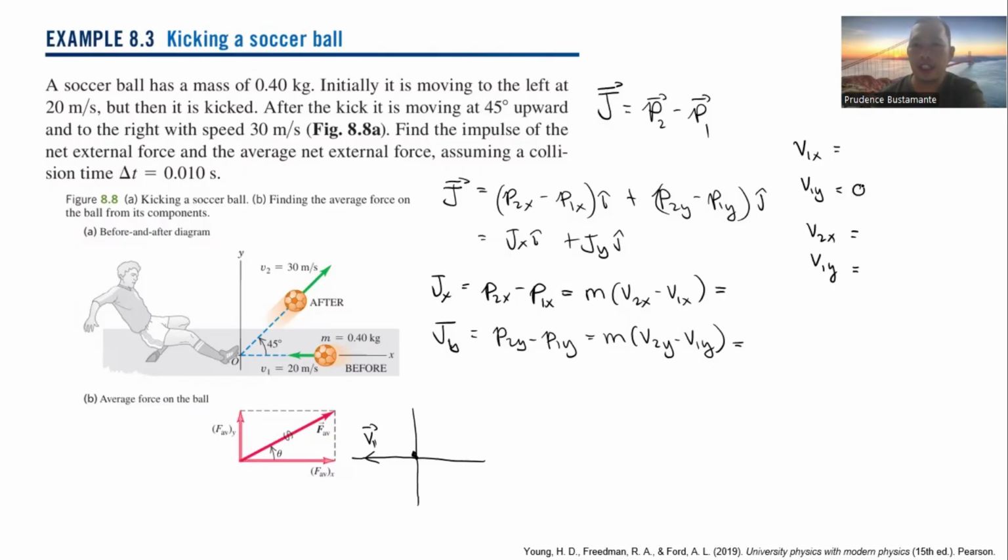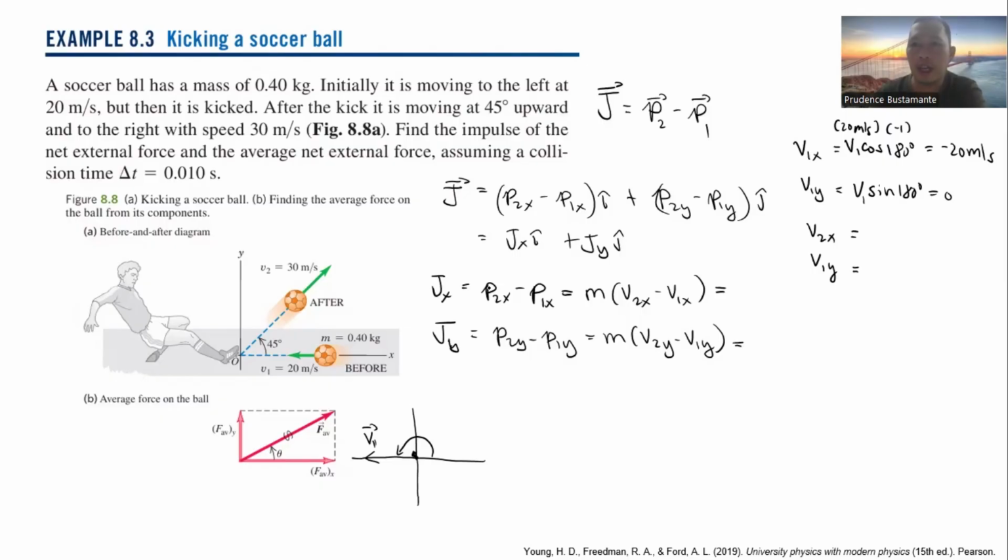If you want to show it, v1 is at 180 degrees, so v1 sine 180 degrees is equal to 0, and v1 cosine 180 degrees is equal to negative 20 meters per second, because cosine 180 is negative 1 and 20 meters per second times negative 1 is negative 20.